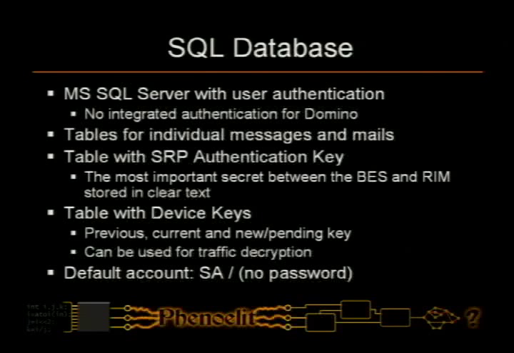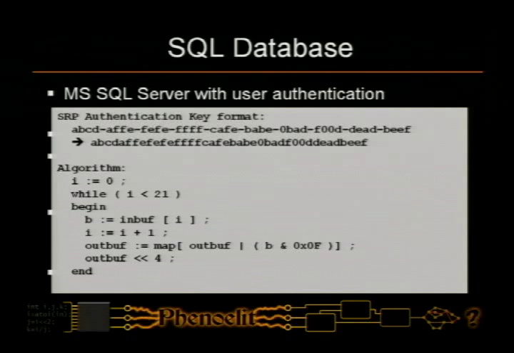It contains tables with all the device keys, that's the keys that devices use for encryption: the previous one, the last one, just in case you lost it, and the new one that's going to be sent out to the device. And those keys can also be used for traffic decryption. And the best thing about it, in a default installation, it has a username of SA and no password. So you can internally just connect to your SQL Server and get everything off it without much hacking.